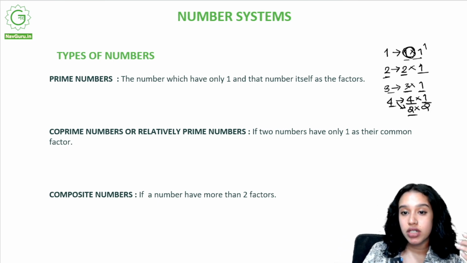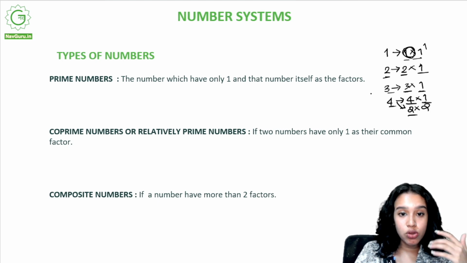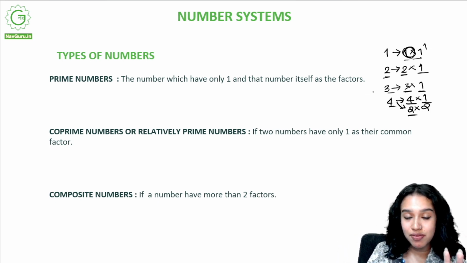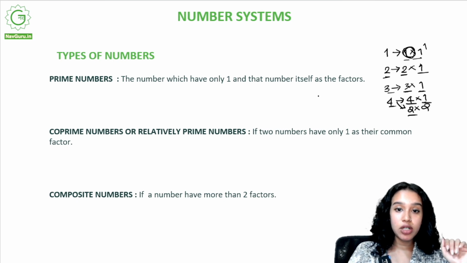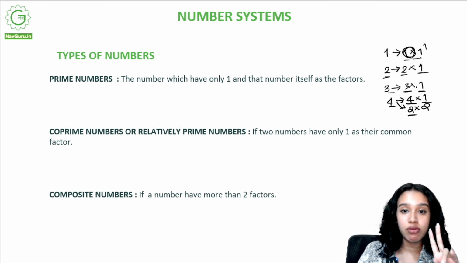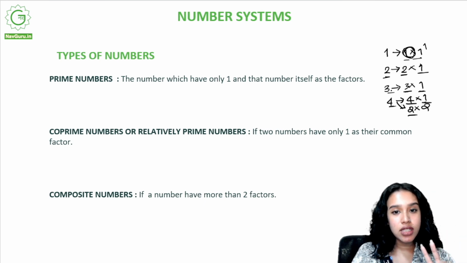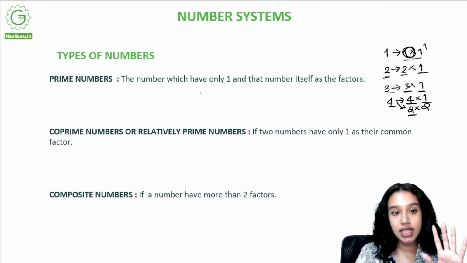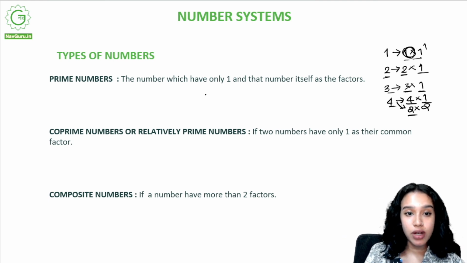So any number which has more than two factors is called a composite number. Basically, when we are talking about prime numbers, prime numbers only have two factors. And which are these two factors? The two factors of a prime number are that number itself and 1.